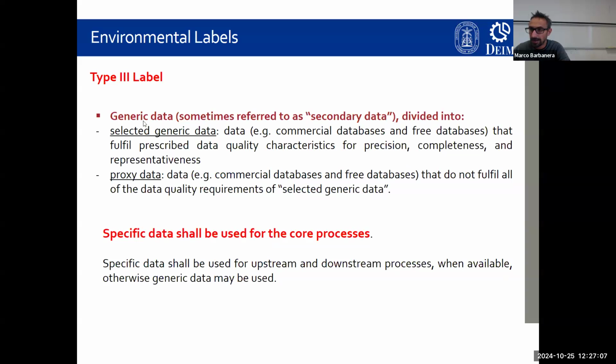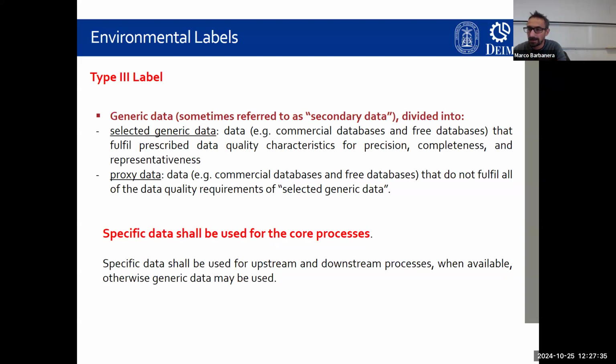Also, you can find that secondary data in the type 3 environmental label is divided into two subcategories: selected generic data, typically from databases, for example, from EcoInvent, or proxy data.